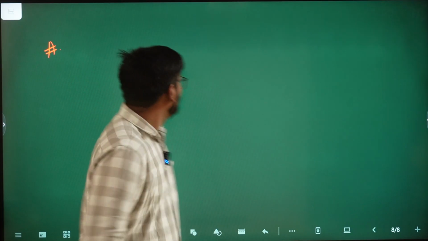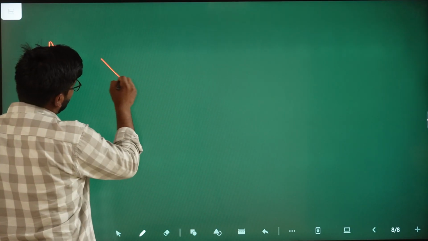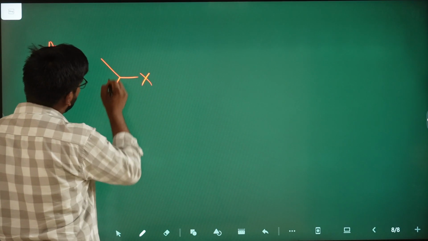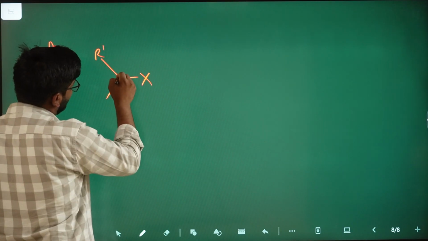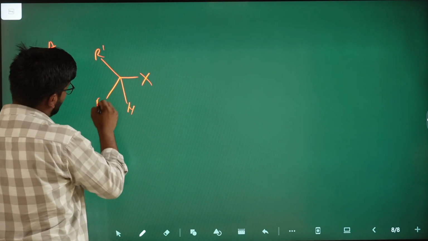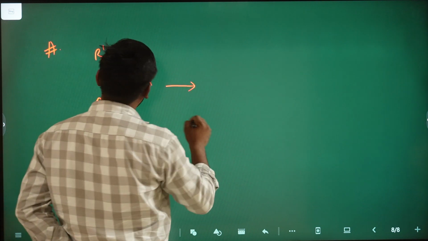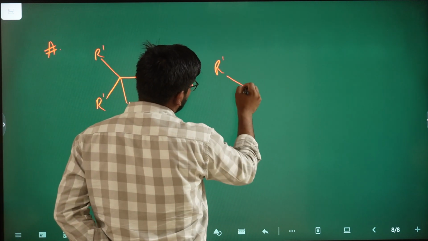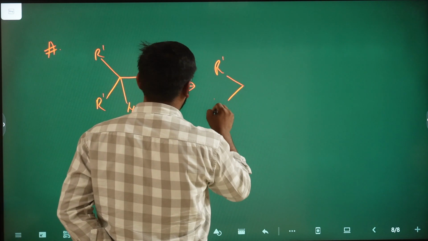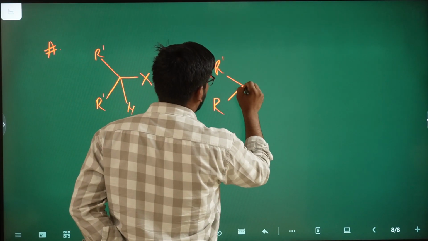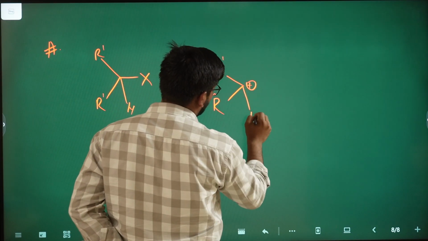Another point, if we go in depth: this is the halogen and this is R, this is hydrogen and this is R dash. Then this will form R dash, R and a carbocation, and hydrogen.